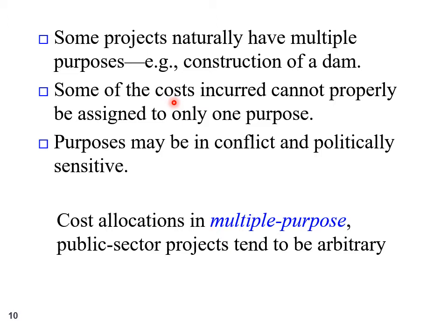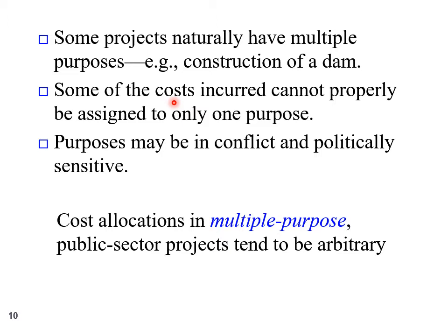Water irrigation system is another purpose. And for irrigation, again, we will collect money from the farmers for the water they are using. What will be the selling price of the water? So in order to know the selling price, again, we need to know the cost. But what cost is it? So we need to somehow allocate the total cost into these purposes.